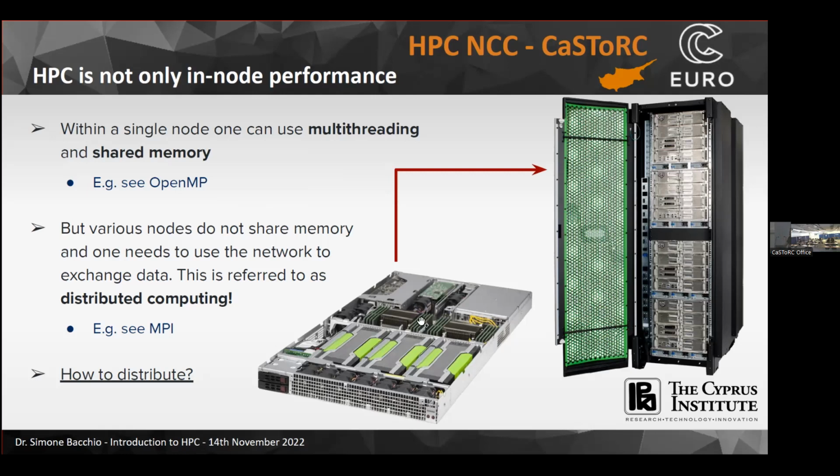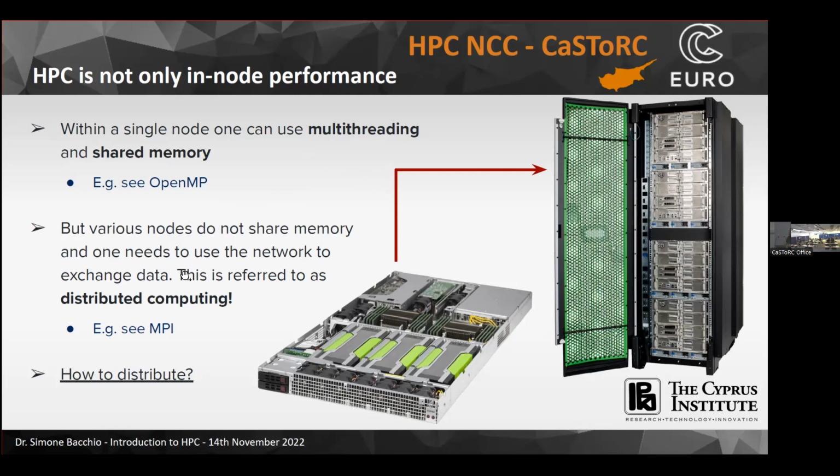And often the data that is on your RAM, for instance, is not visible by the GPU. Indeed, what you have to do in your code if you want to use a GPU is transfer data from your RAM to the VRAM. So the data is not shared, and you cannot use simple multi-threading when you need to run on a supercomputer, but you need to think about how to distribute your problem.